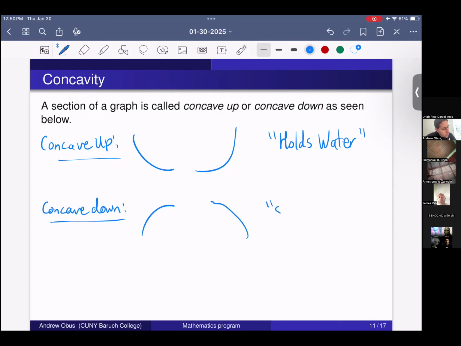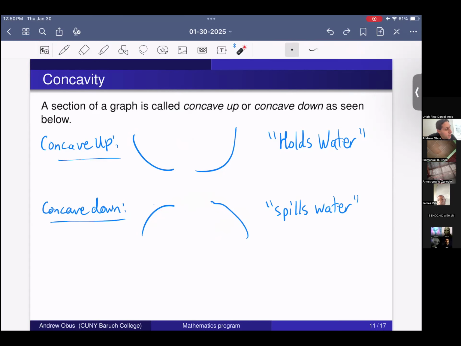I think this spills water. If you put water on top of it, it's just going to flow down. It's kind of like a top. So concave up, you should think of the graph as supporting things on top of it. Concave down means that the graph is kind of a roof on things below it. So this is what concave up and concave down mean.